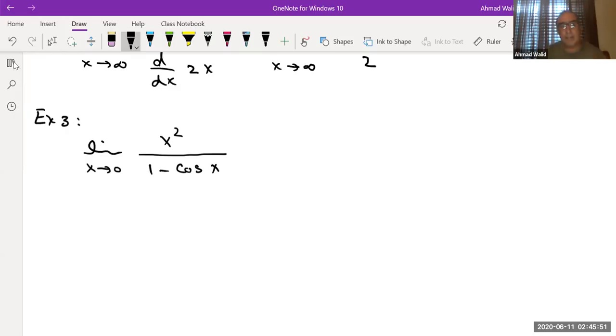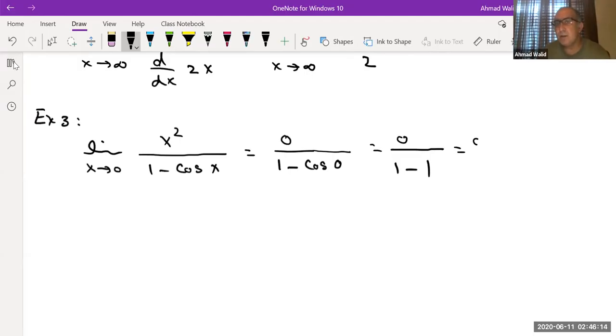Step 1, plug in the limit. If you plug in here, it will be 1 minus cosine of 0, correct? Which gives you 0 over 1 minus cosine of 0, which is 1. 1 minus 1 gives you 0. It means you end up with 0 over 0, correct? And 0 over 0 is an indeterminate form.